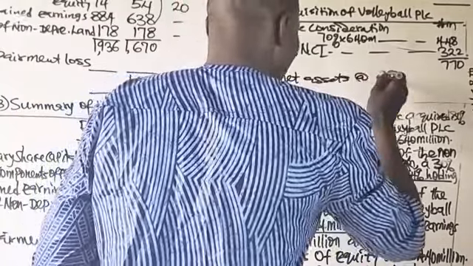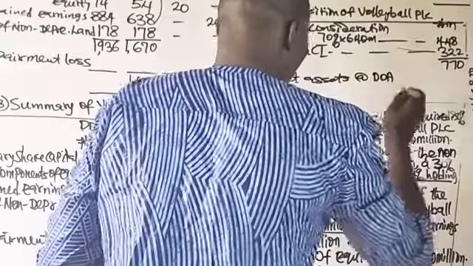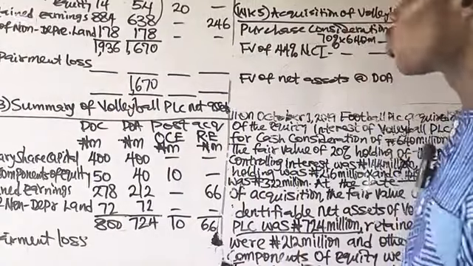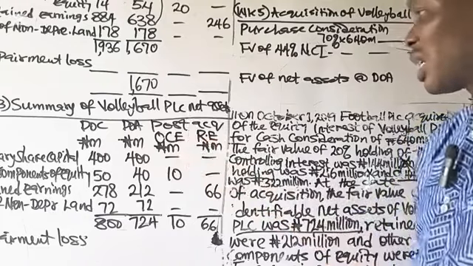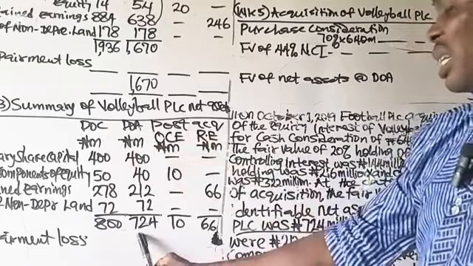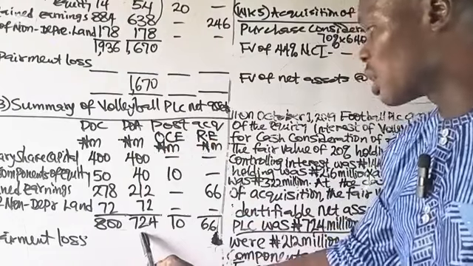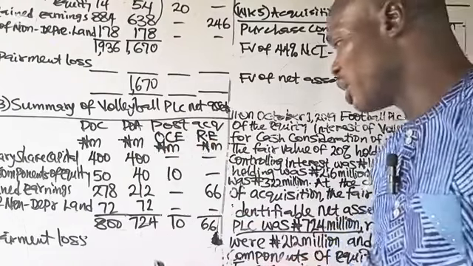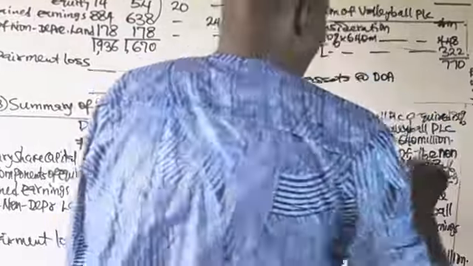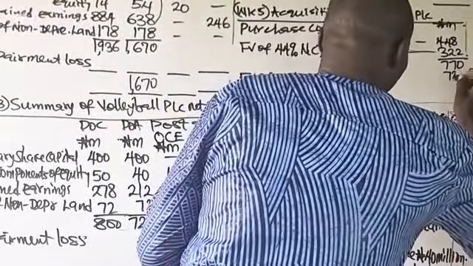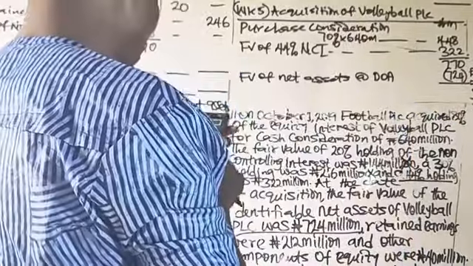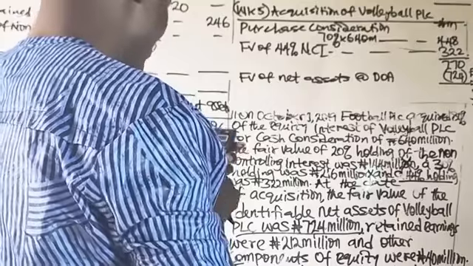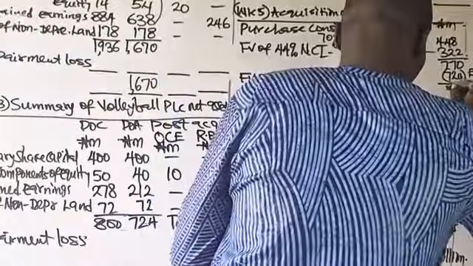That is net assets at the date of acquisition. The fair value of net assets at the date of acquisition. Let's go through the summary of Volleyball PLC net assets. You have the DOA, and the net assets at the date of acquisition, the fair value is total 724 million. So if you deduct 724 from 770, then you have 46 million.